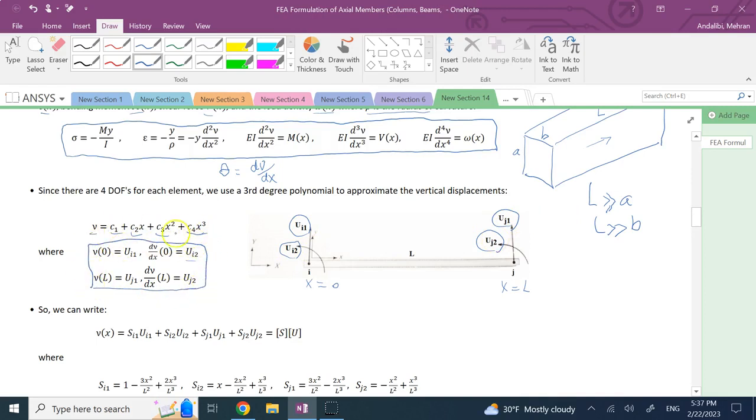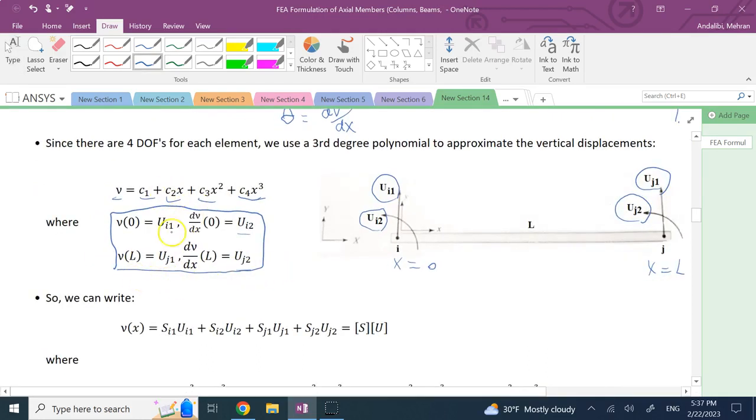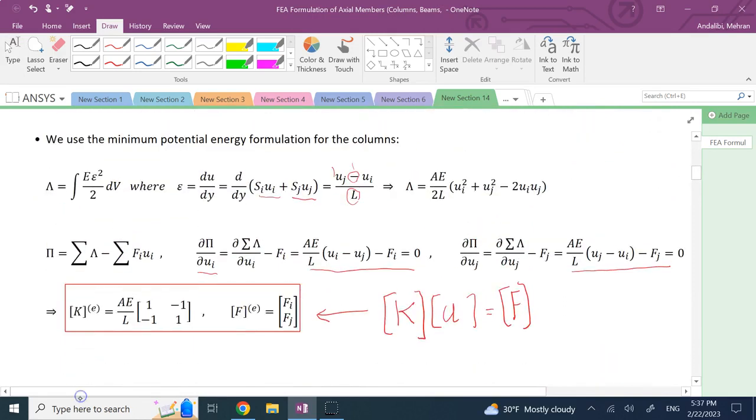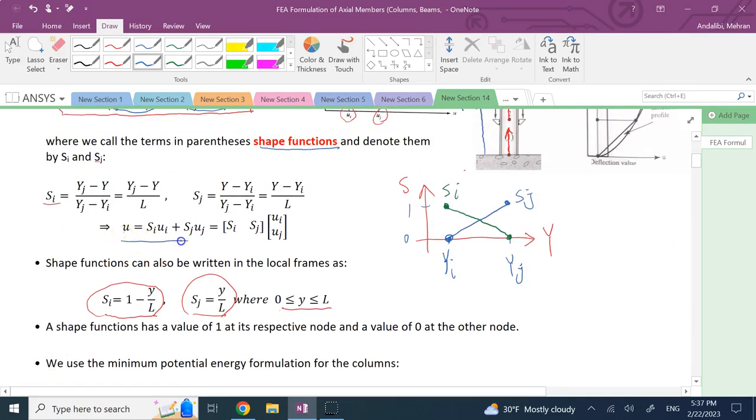That's my polynomial. If I plug these conditions into it, find the C's and plug them back, I don't need to find all of them explicitly. I can write nu as the product of the nodal values times 4 shape functions. This is very similar to what we did for the column, where the nodal values are multiplied by shape functions to approximate your actual function.